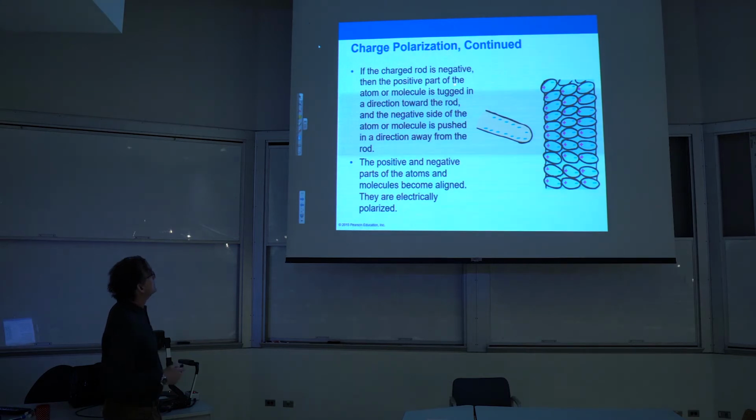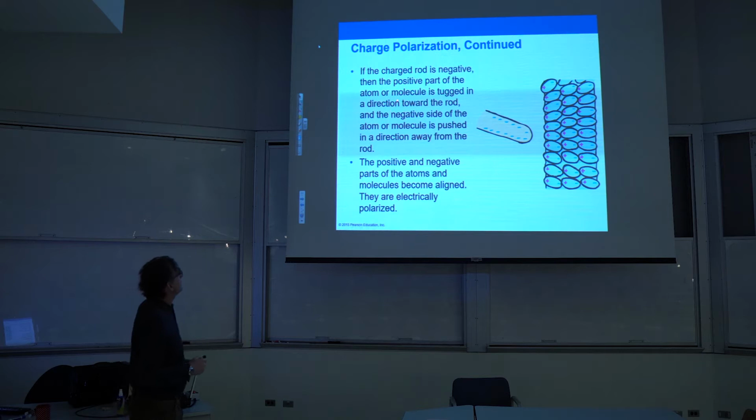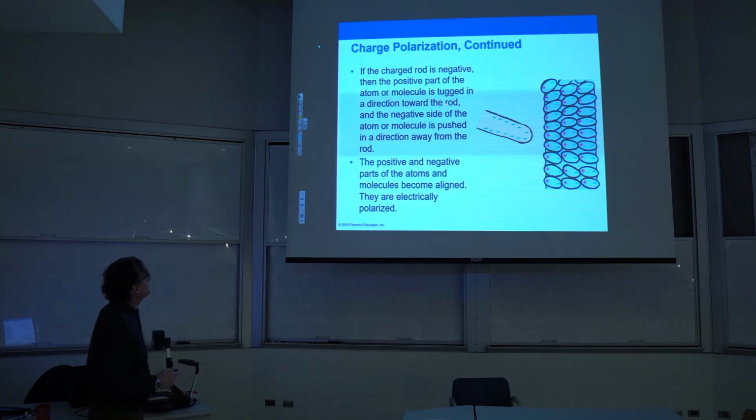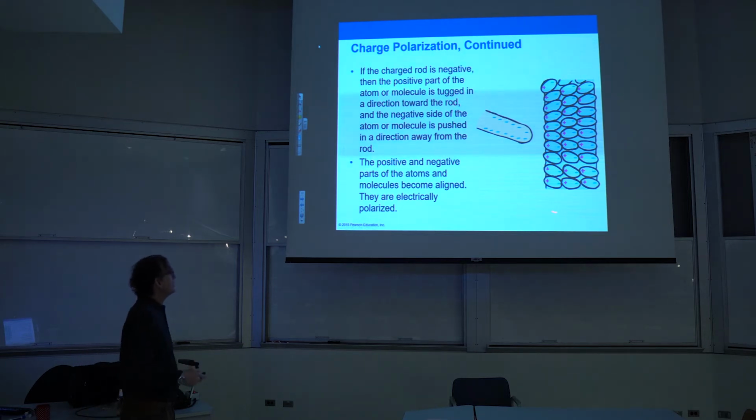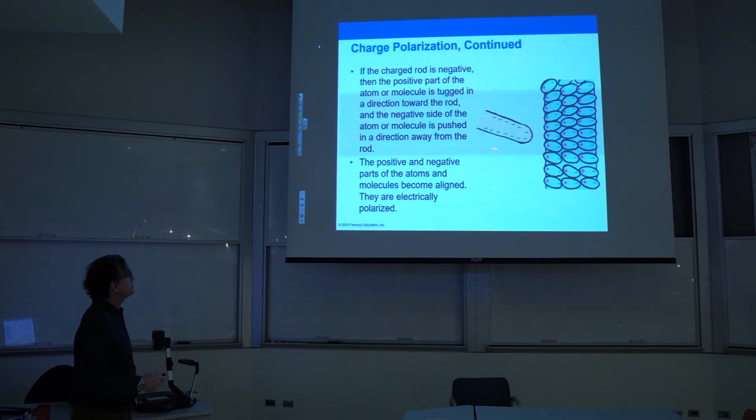If a charged rod is negative, then the positive part of the atom or molecule is tugged in a direction towards the rod. So imagine again that this blue area over here is composing the wall of a building, and this, which was previously shown as a balloon, is just a negative rod.